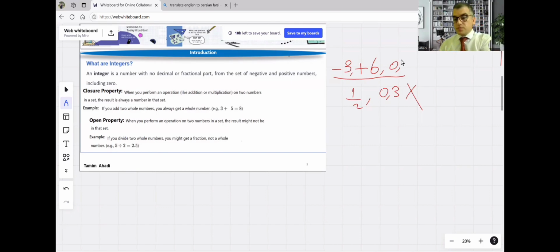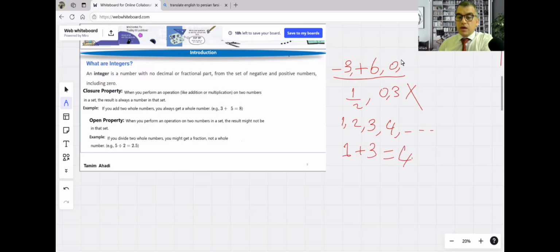For example, let me consider the natural numbers under addition. As we know, natural numbers are 1, 2, 3, 4, etc. Suppose I add 1 plus 3, it is equal to 4.